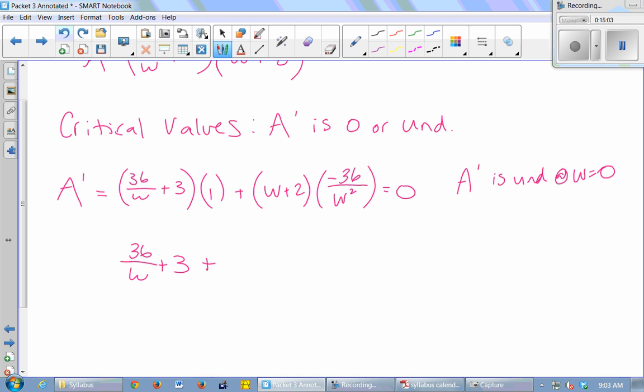I'm going to distribute the negative 36 over w squared. So w times negative 36 over w squared is going to be negative 36 over w. And then negative 36 over w squared times 2 is negative 72 over w squared.